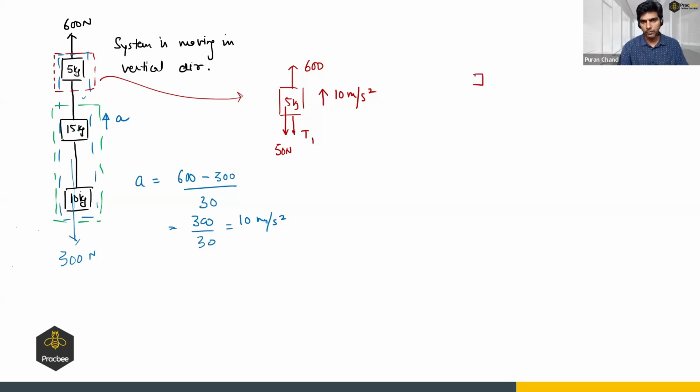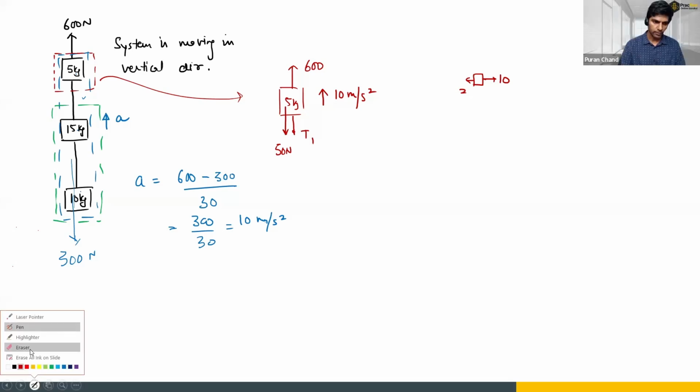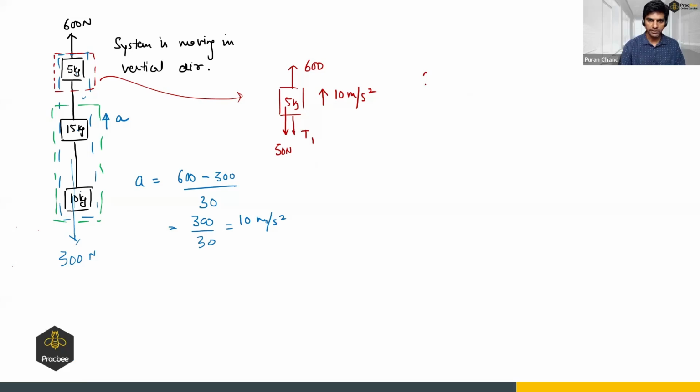If there is a block and you are exerting 10 in the right direction and 2 in the left direction, what is the net force? 10 minus 2, 8 Newton. Similarly, when I say net force, the net force will be 600 minus 50 minus T1. Is it clear?